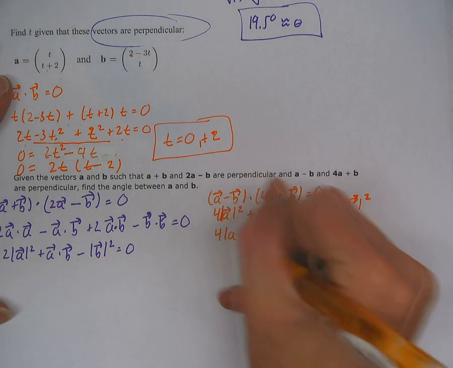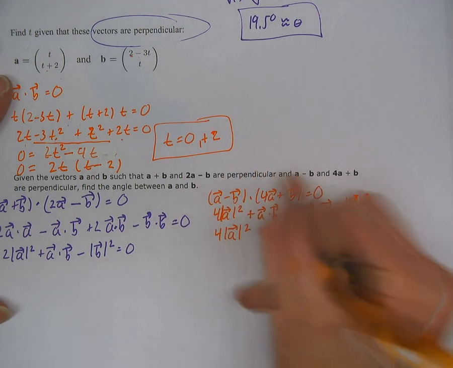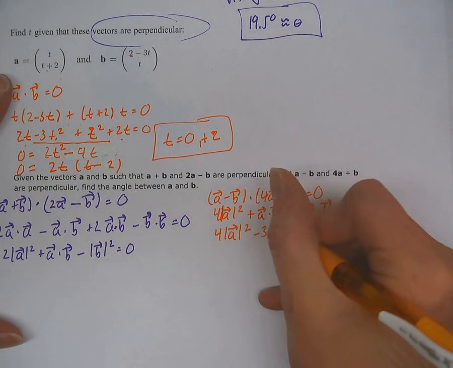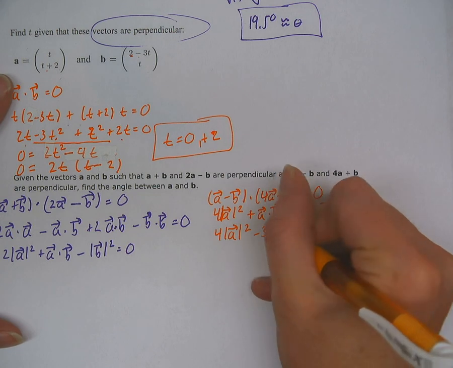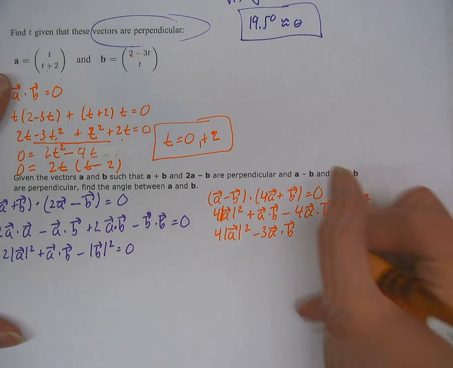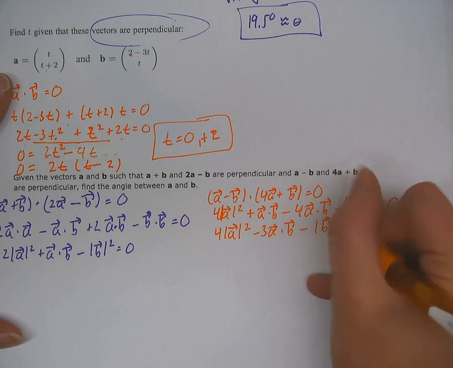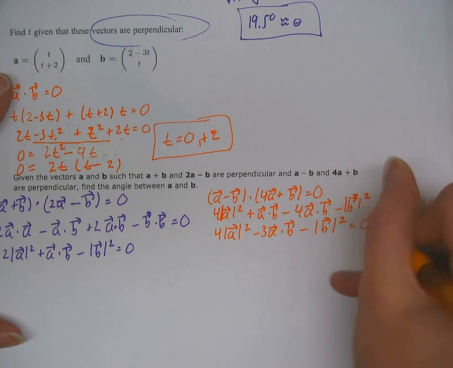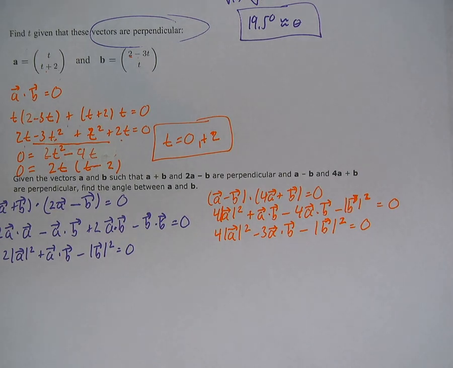We've got 4 magnitude of vector A squared minus 3 A dot B. Oops, not equals 0. I forgot my equals 0. Okay, so I simplified some stuff. Now I feel like I'm a little bit stuck because I feel like I've simplified as much as I can.